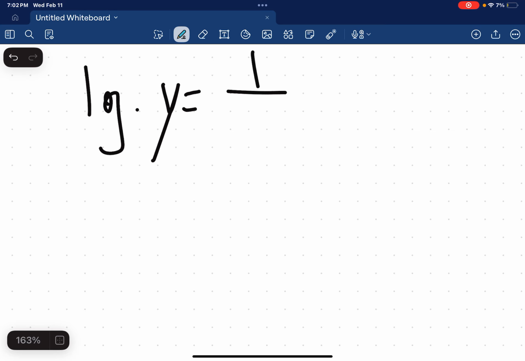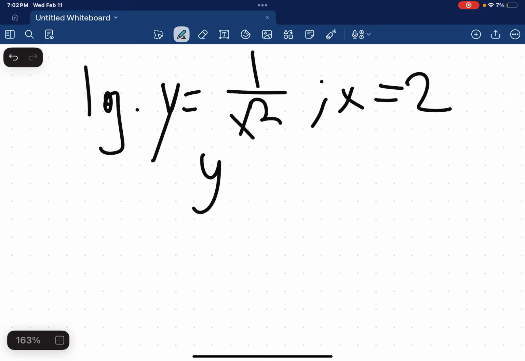Okay, we have 1 divided by x squared, and we need to find it at x equals 2. Remember we can just rewrite this as x to the negative 2.